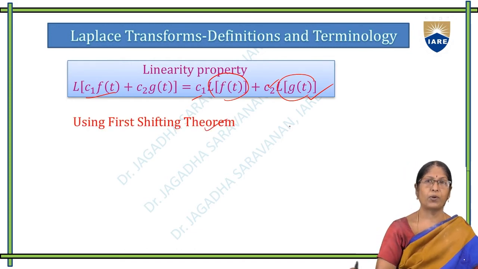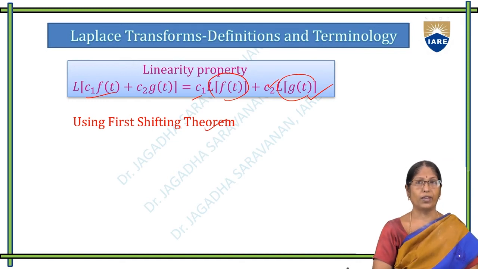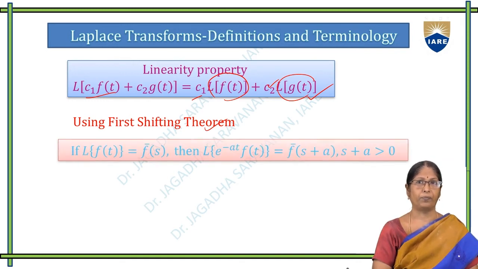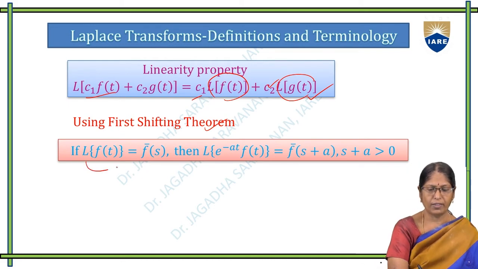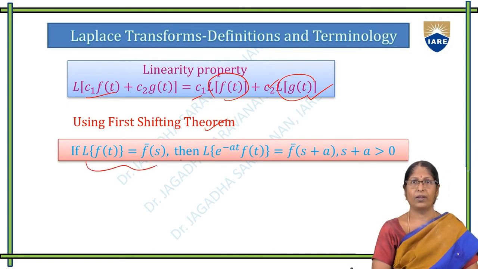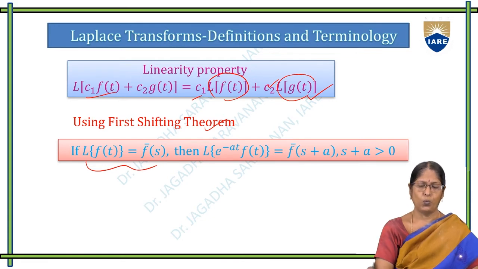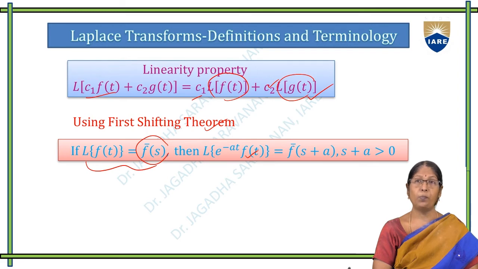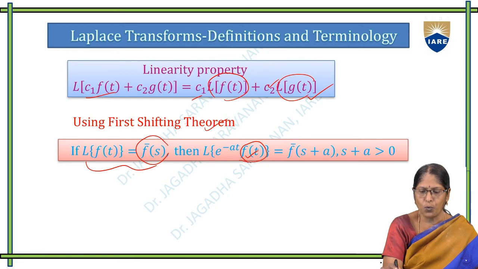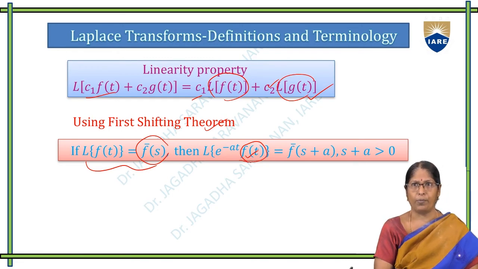Next, the Laplace transform formula using the first shifting theorem. If we take the first shifting theorem, L of f of t, whose notation we know is f bar of s, is multiplied by e power minus at, which is very easy: we apply Laplace only to this f of t.